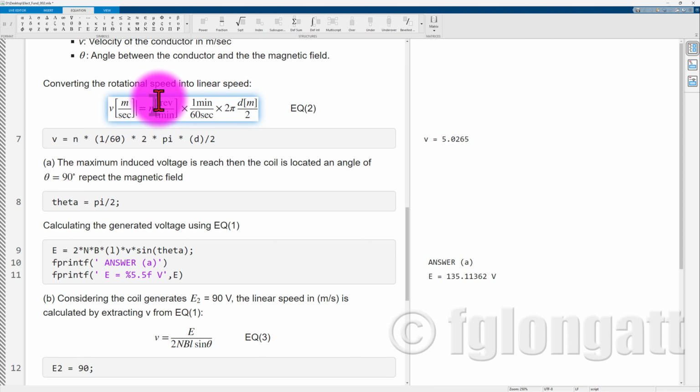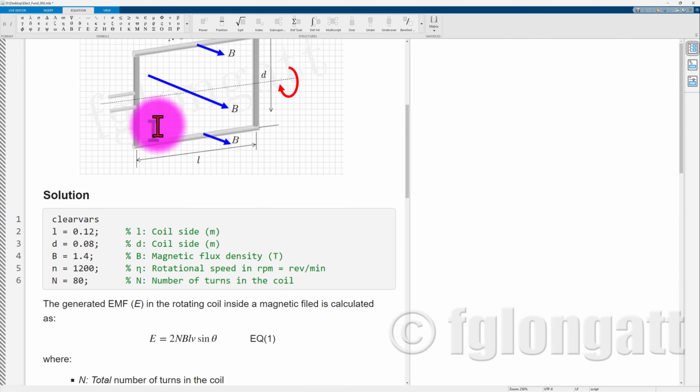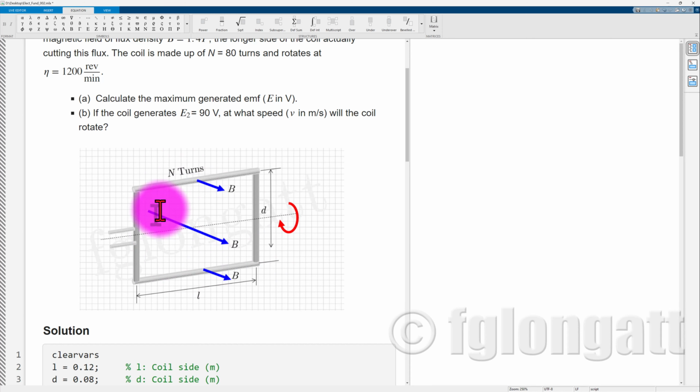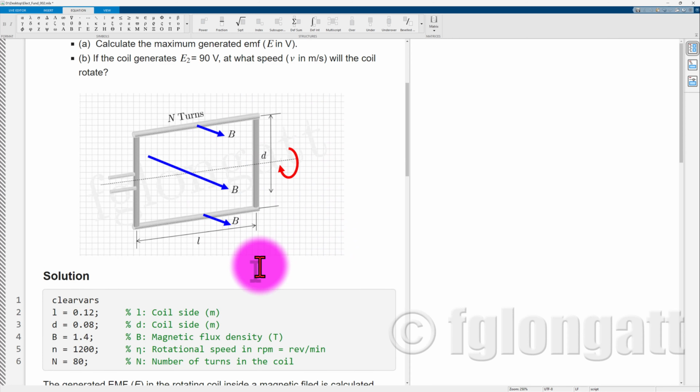And now this revolution must be multiplied by the total length inside the revolution. So when this coil is rotating, the radius multiplied by 2 pi is the total length of the circumference.